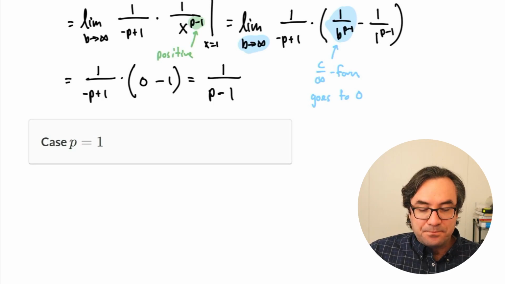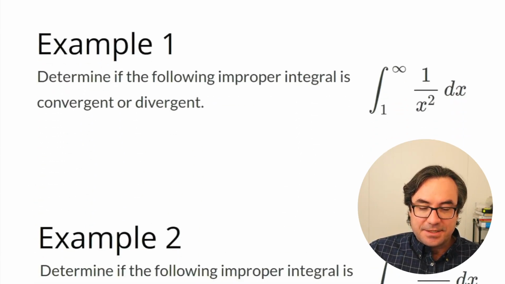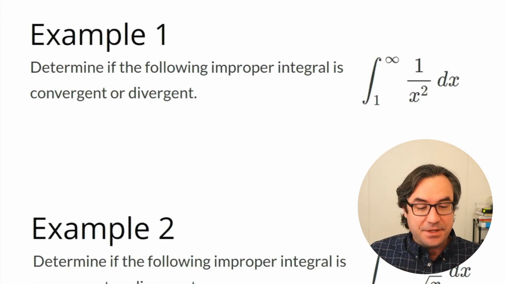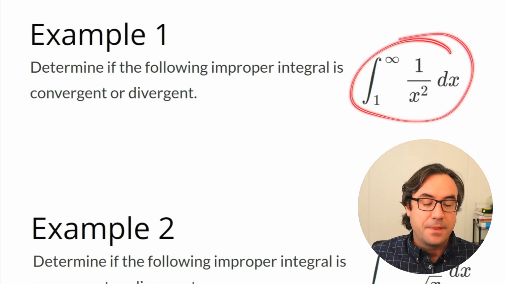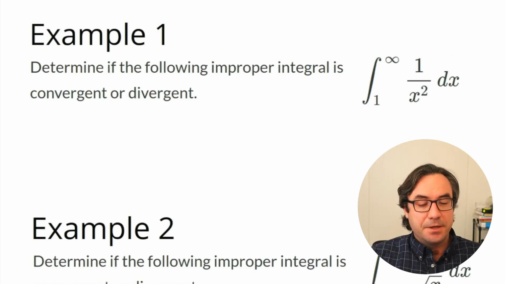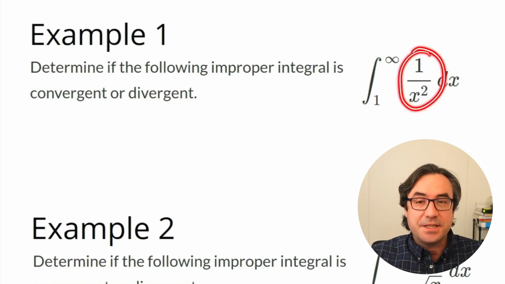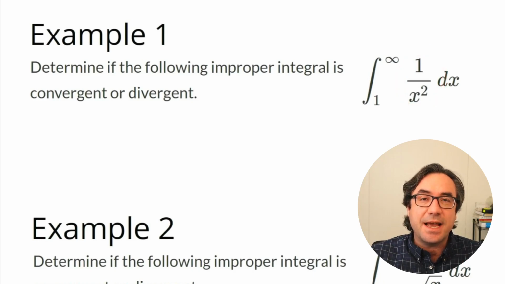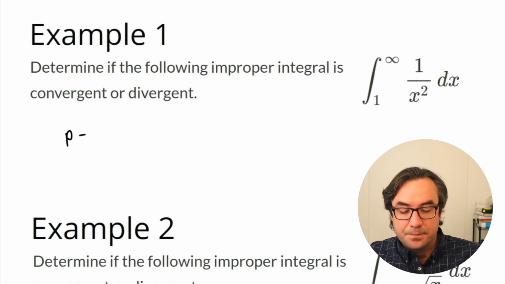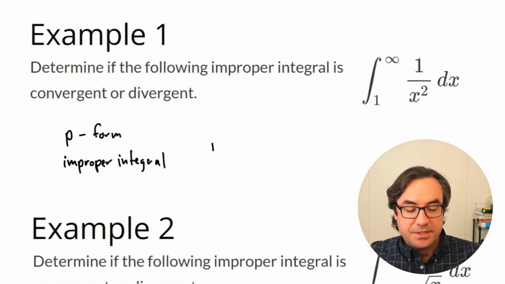All right, so let's just look at one example where we get to apply this. So let's look at this improper integral from 1 to infinity of the function 1 over x squared. So when we look at this, we want to recognize this as a p-form improper integral, and we want to state the p-value.